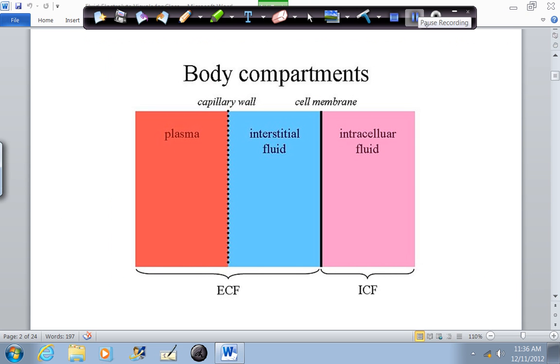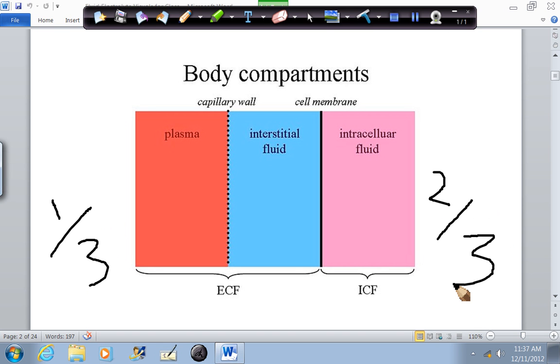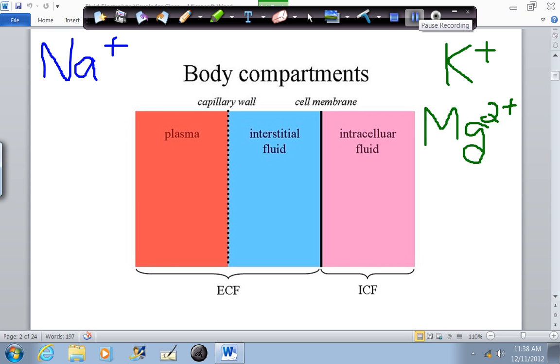So the extracellular fluid is about 1/3 of our body fluid, and the intracellular fluid is the remaining 2/3. And the cations and the anions that predominate in the extracellular and intracellular fluid are different. The major cation of the extracellular space is sodium, and it's a huge player in body fluid movement because, of course, as you remember, where sodium goes, water follows. The major cations of the intracellular space are potassium and magnesium.